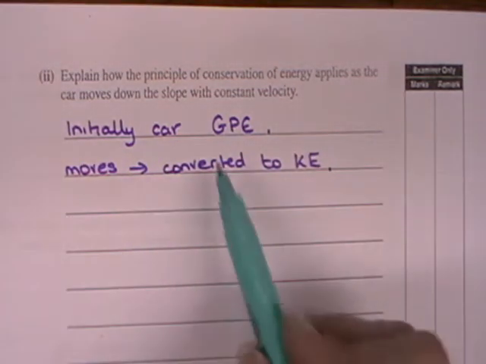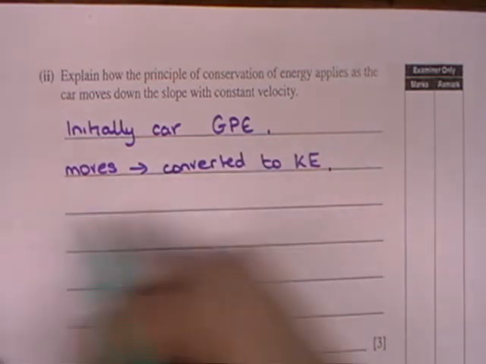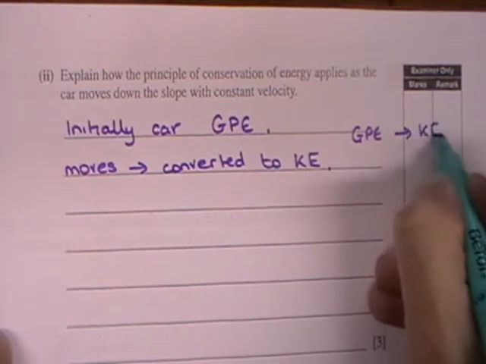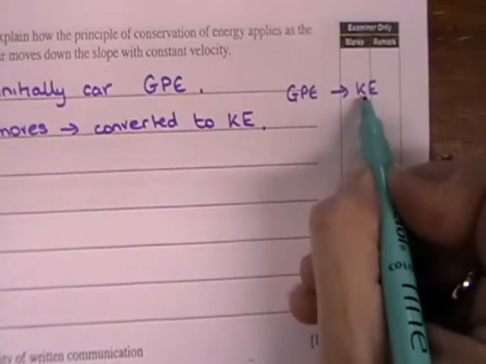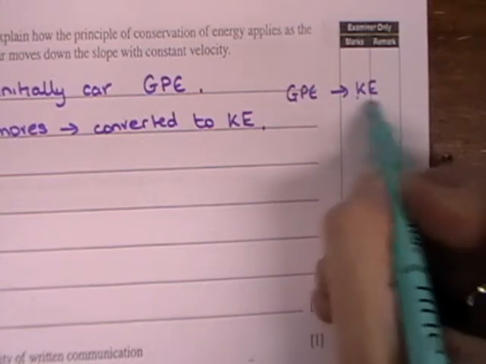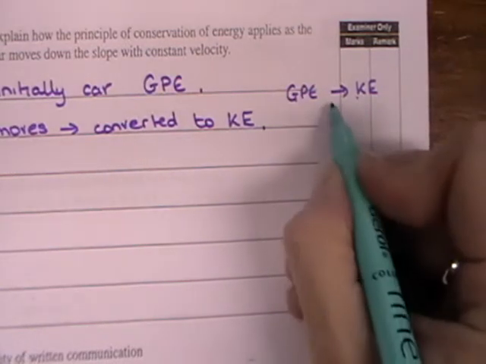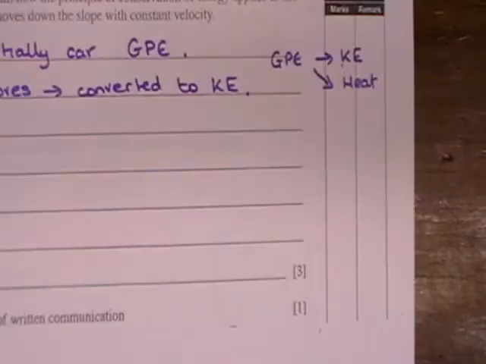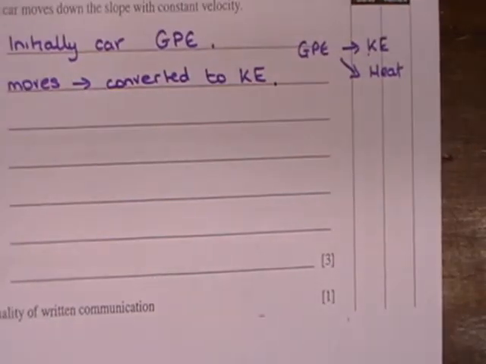But what should happen is that all the GPE is converted to kinetic energy. What is actually happening is that the car is moving at a constant speed and not speeding up, so kinetic energy isn't getting any bigger, and therefore there must also be heat lost, and that's due to work done to try to overcome friction.